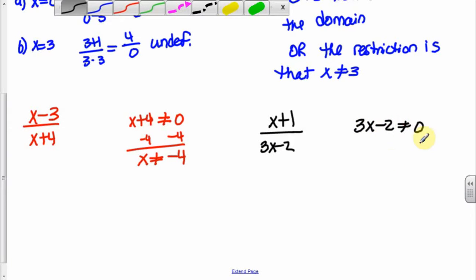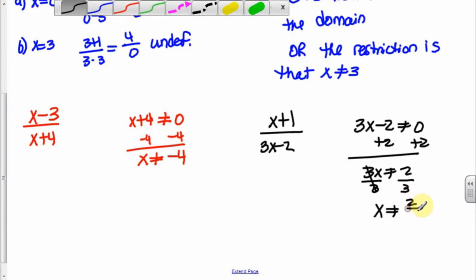So I'm going to add 2 to both sides of the equation. 3x cannot equal positive 2, and then divide by 3. So X cannot equal 2/3. X can be any number except 2/3. When I put 2/3 in here, 3 times 2/3 is 2, and 2 minus 2 is 0. Okay?